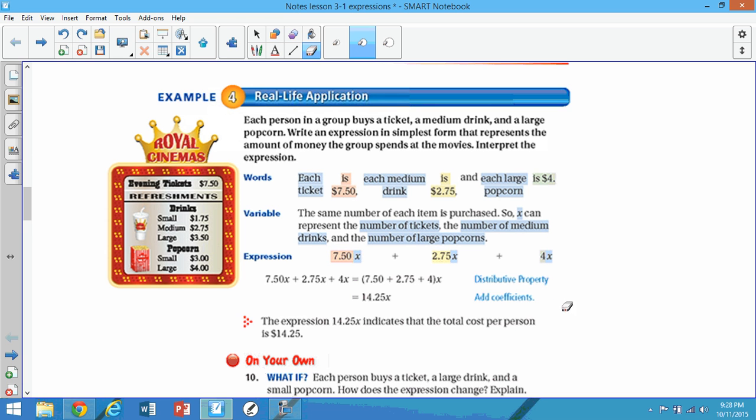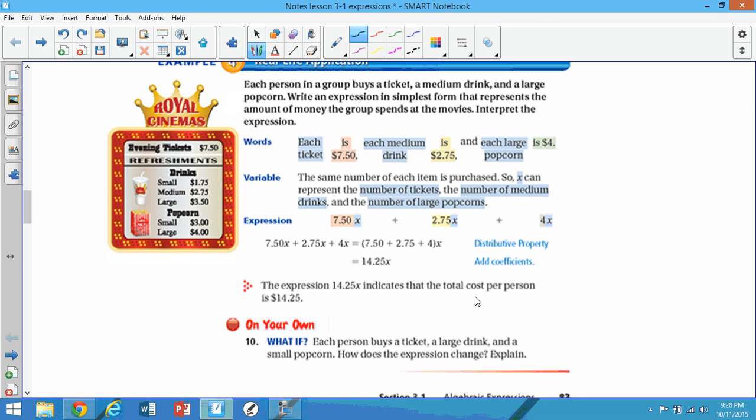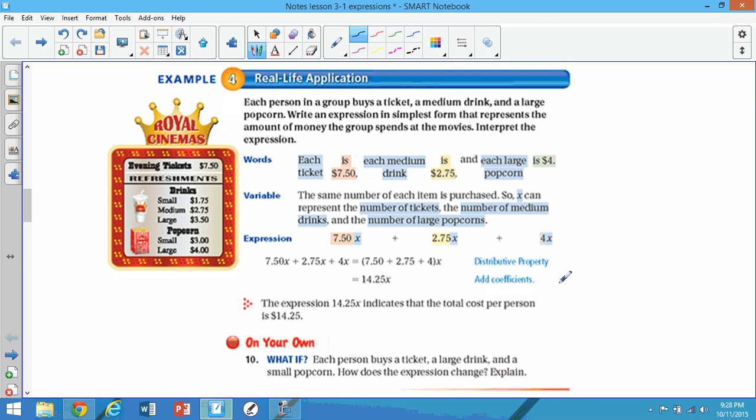Okay, so you have to create an expression. So you have a group, and you don't know how many that is in that group. So it would be X times the quantity.